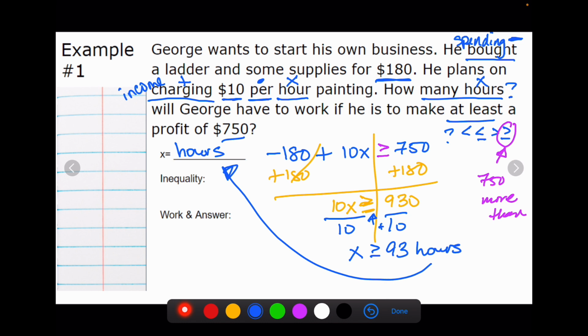He has to make a little bit more than what he has to pay off, right? Because remember, he still has this 180 that he bought supplies with. So he has to make more than the 780. So he actually has to make that $930, but we take away that 180 to make a profit of 750. Okay, so make sure that's in your notes, please.